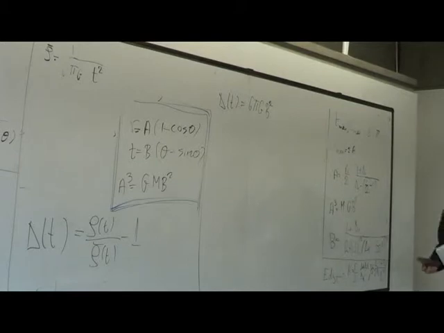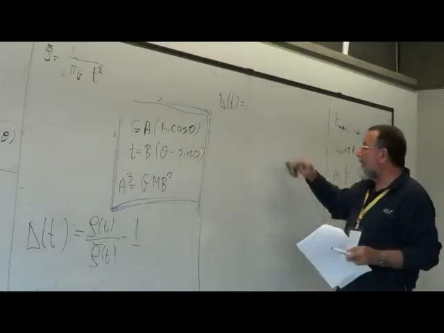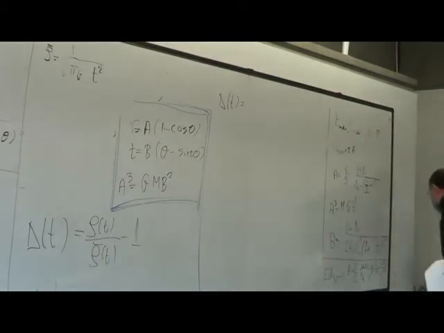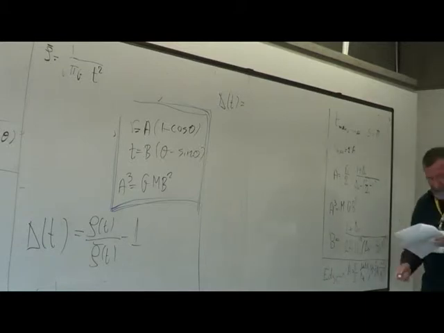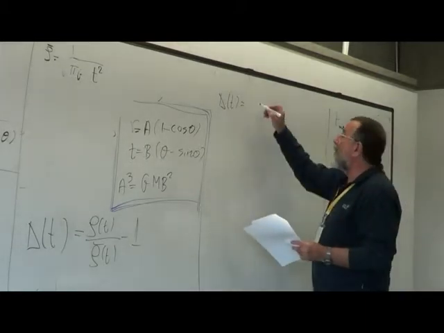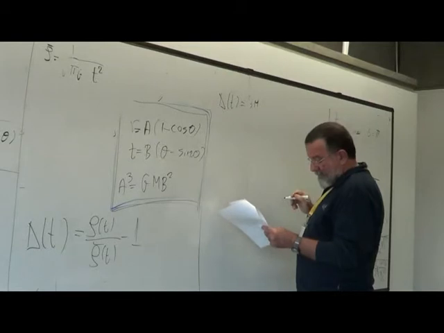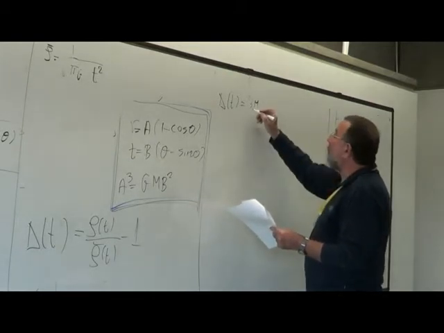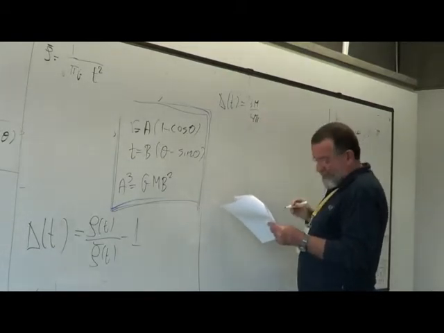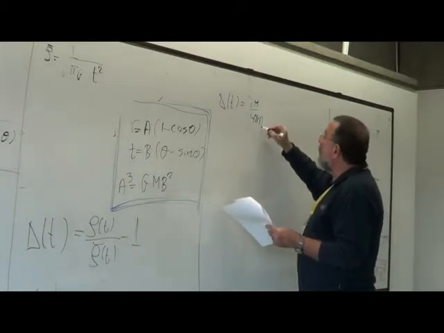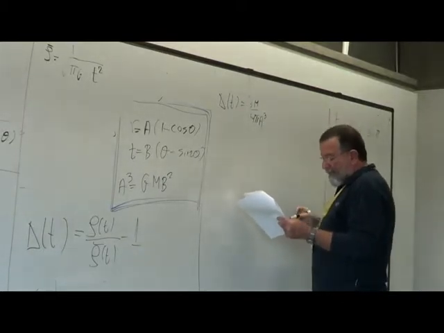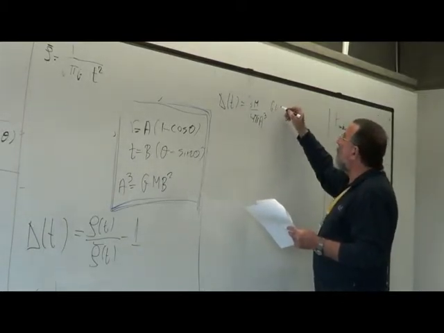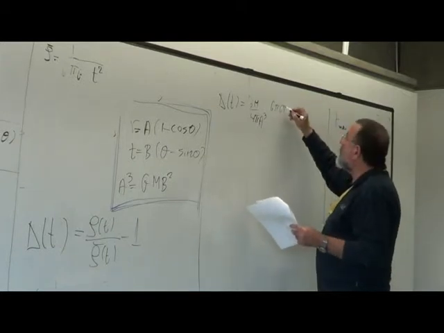So I'm just copying from what I have and substituting what I have here. So 3m divided by 4 pi a cubed times 6 pi G b squared.